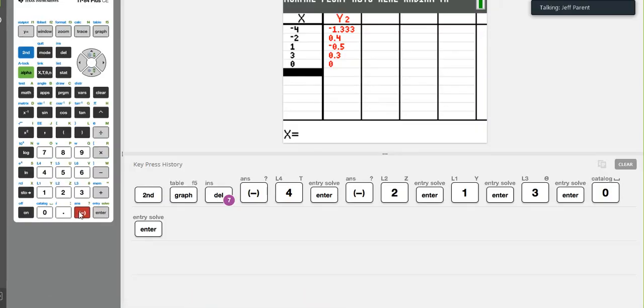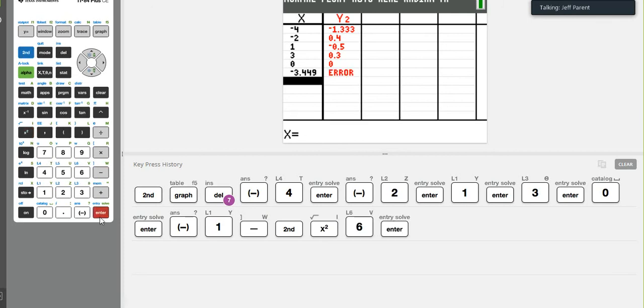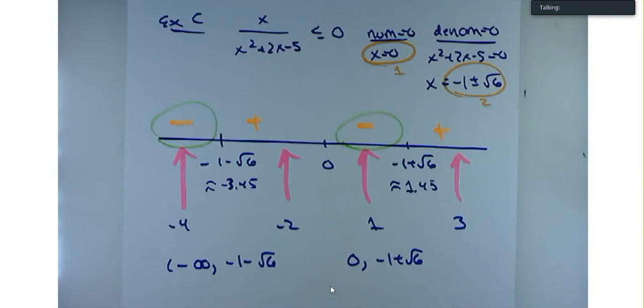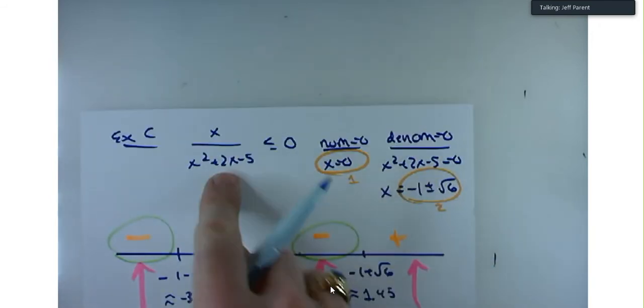I could type in -1 minus the square root of 6, and uh-oh, it's undefined. Why is it undefined? Did I make a mistake? No, I did not make a mistake. It's undefined because these are the points that make the denominator 0. So it makes sense that it's undefined here.